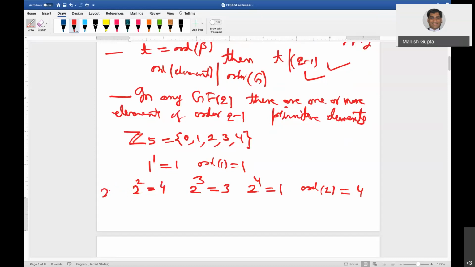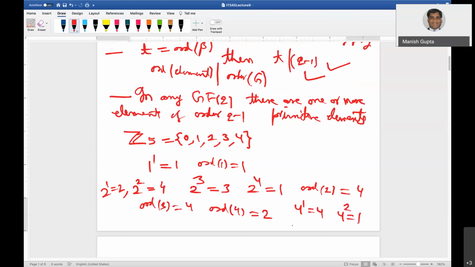2 raised to power 1 is 2. 2 squared is 4. 2 cubed is 3. 2 raised to power 4 is 1. So 4 is the smallest exponent for which 2 raised to it is 1, so the order of 2 is 4. Similarly, you can check that the order of 3 is 4 and the order of 4 is 2, because 4 raised to power 1 is 4 and 4 squared is 16, which is 1.